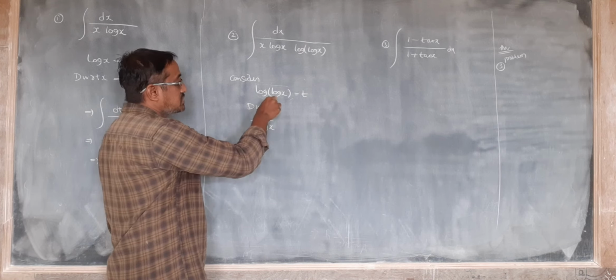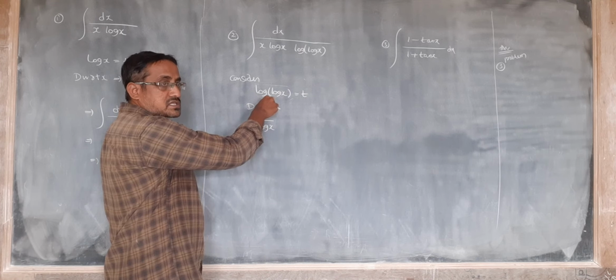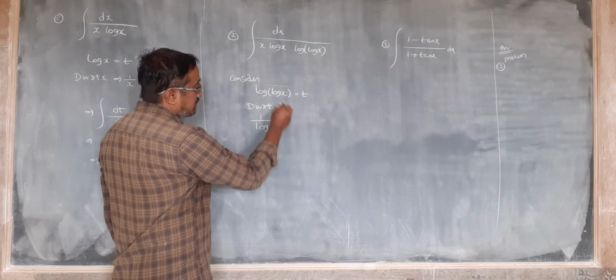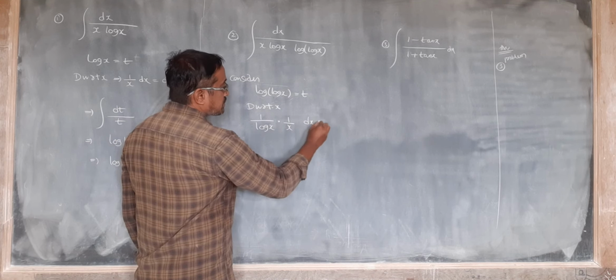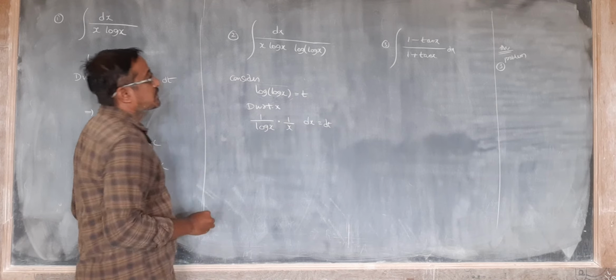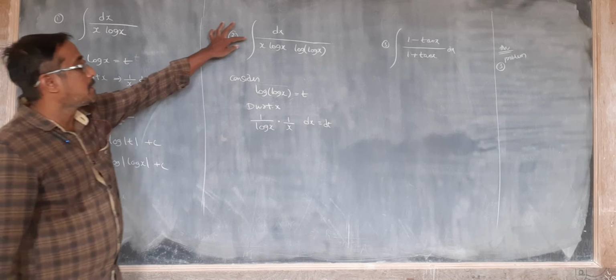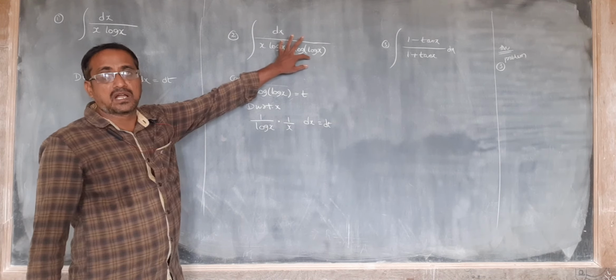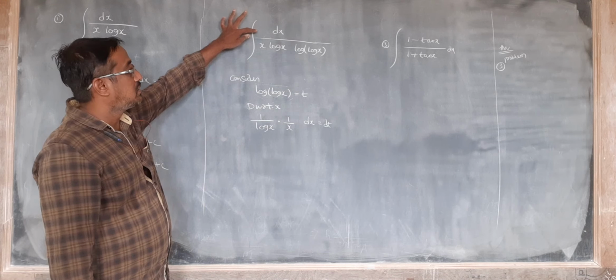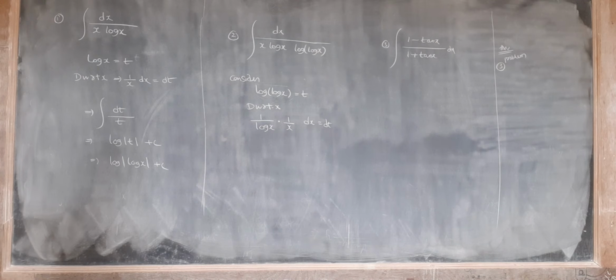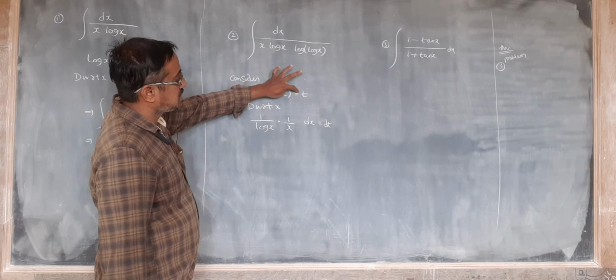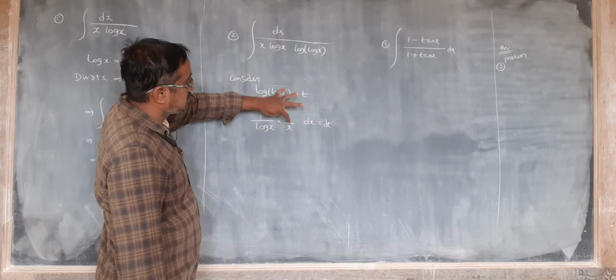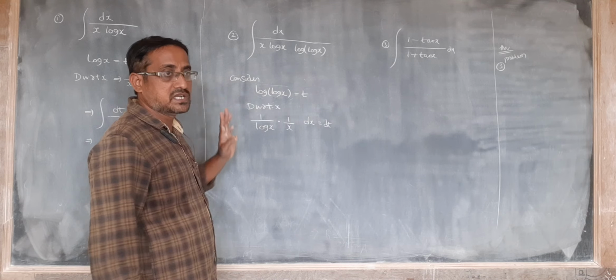In differentiation, again we use the derivative of log x, which is 1 by x, dx is equal to dt. Now you can see, if you take log of log x as t, 1 by x log x dx will be dt.